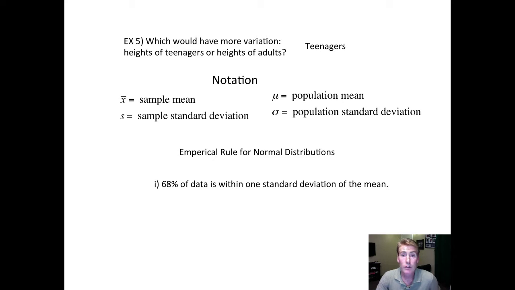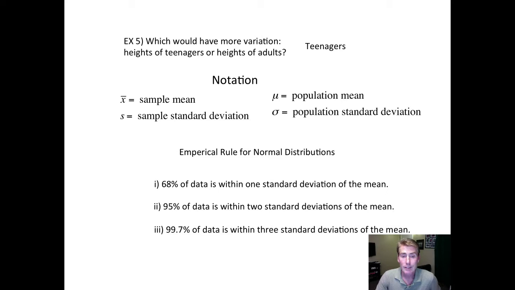If you go out 2 standard deviations, in other words, add and subtract 2 standard deviations from the mean. Hey, for those of you that are visual learners, which I am, I've got a slide right after this with a picture of what we're talking about, but for the moment, we'll just do this in words. So 95% are within 2 standard deviations, and 99.7 or almost all are within 3 standard deviations.